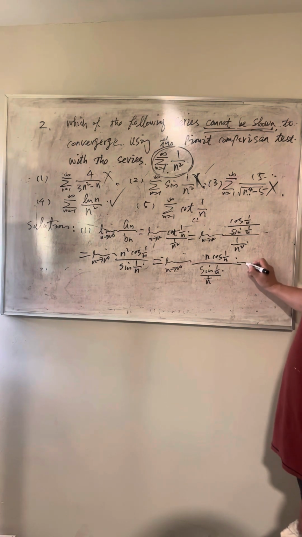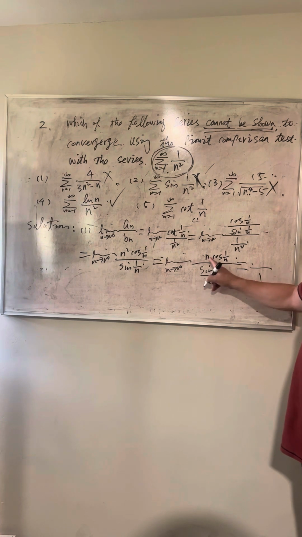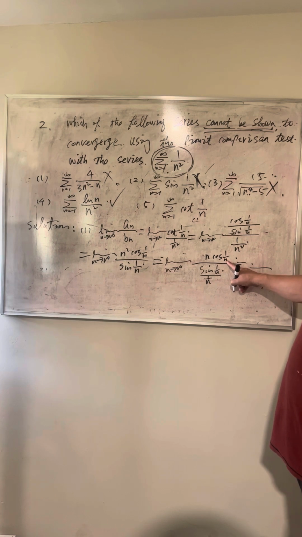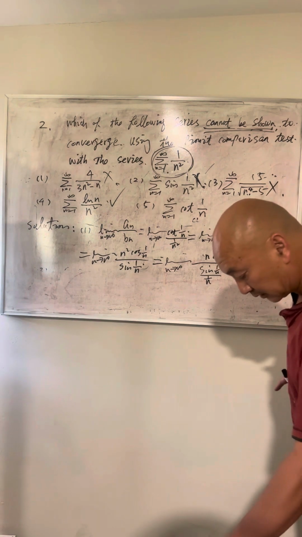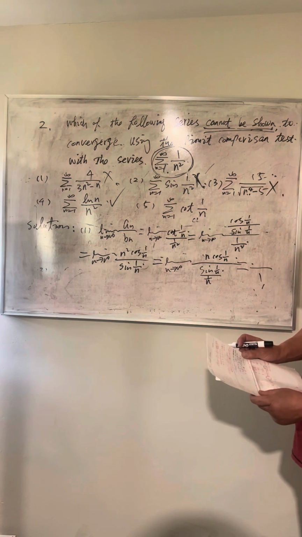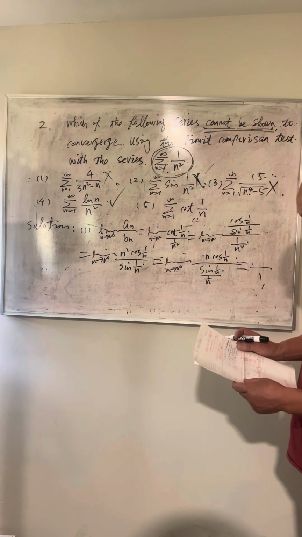We know this one is 1. The limit is 1 as n goes to infinity. We cannot determine this one, right? This 1 over n, cotangent, 1 over n is divergent.